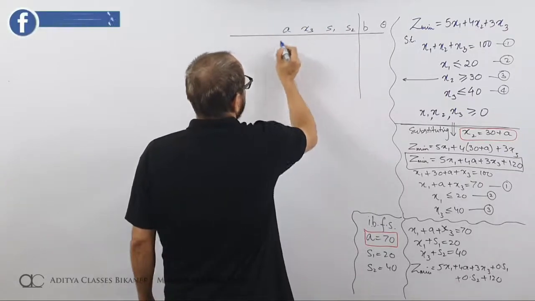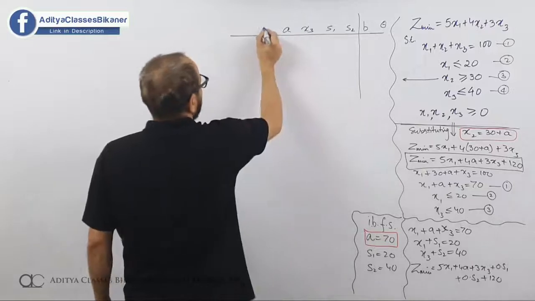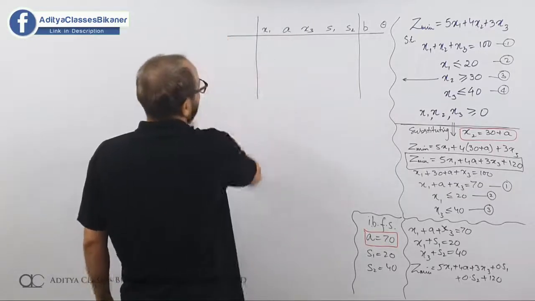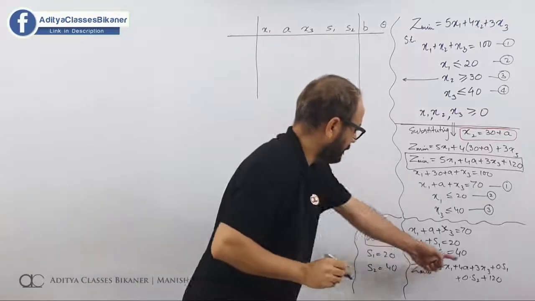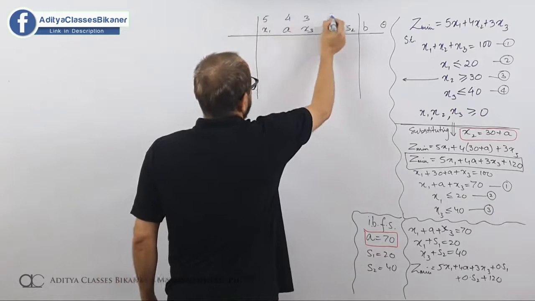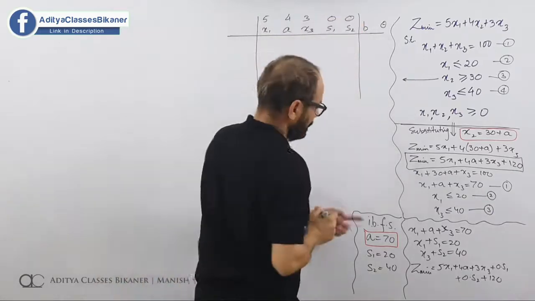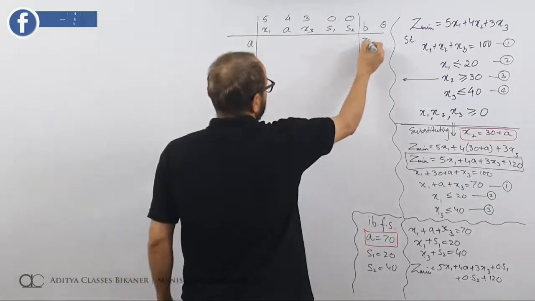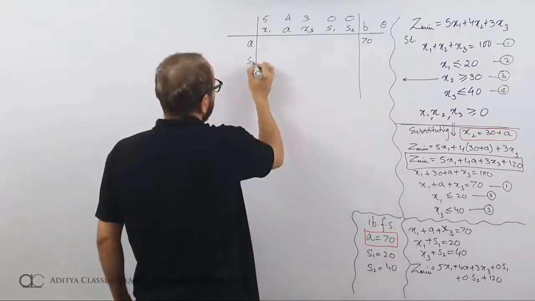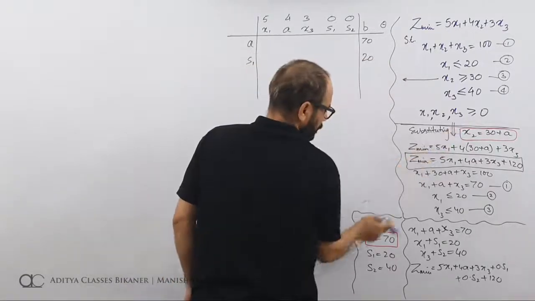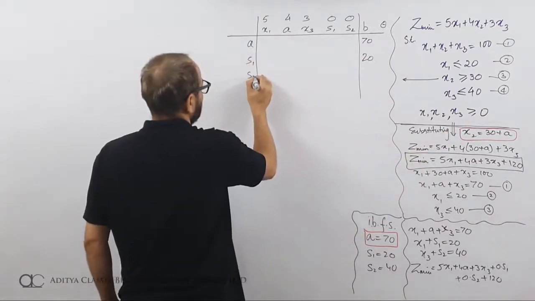Instead of x2, I am having a. Their contributions are 5, 4, 3, 0 and 0. The IBFS is a is equal to 70. You can see that everything is the same as we have always done, with the exception of 2 new things that we tried over here.